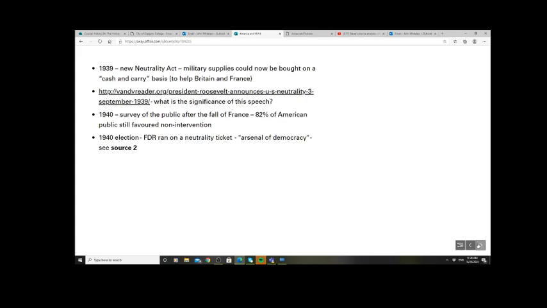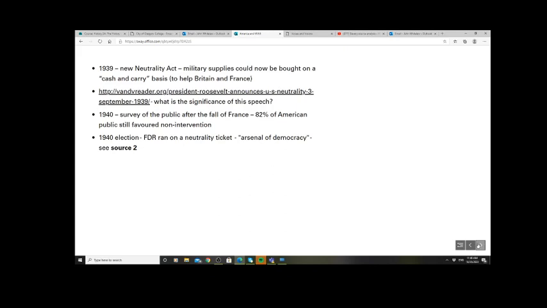Just very quickly to go back to this source 2, the arsenal of democracy. Roosevelt, in the second paragraph, says the Axis powers, that's Germany and Italy, proclaim that there can be no ultimate peace between their philosophy of government and our philosophy of government.